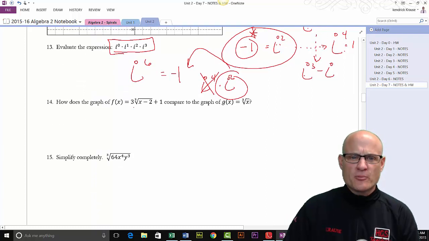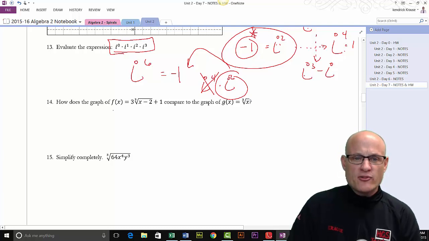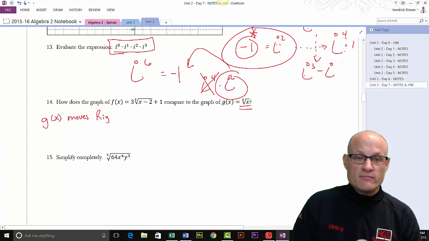How do these functions compare? Okay, so how does g of x, which is just the cube root of x, compare to this? Well, g of x moves right 2 and up 1.